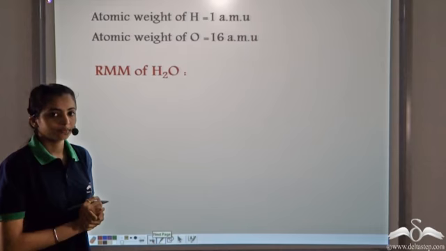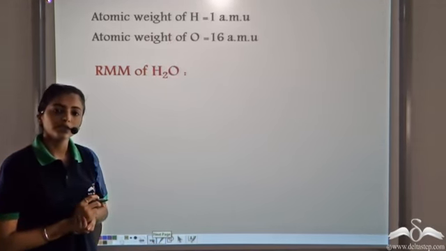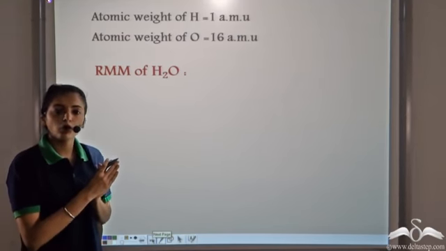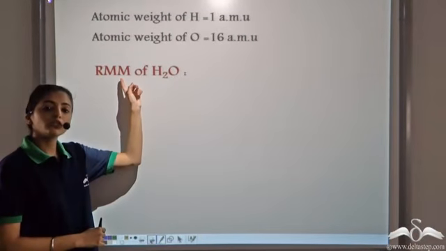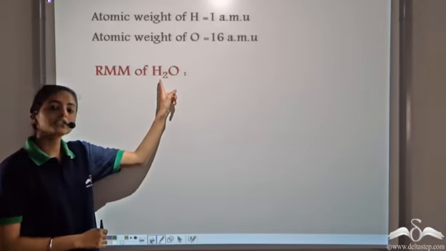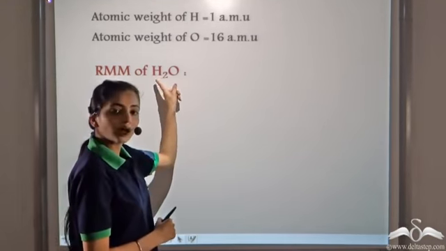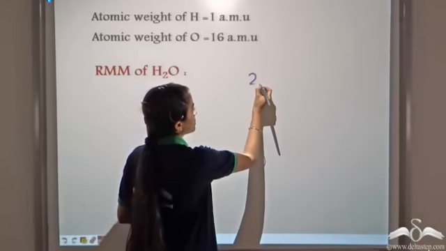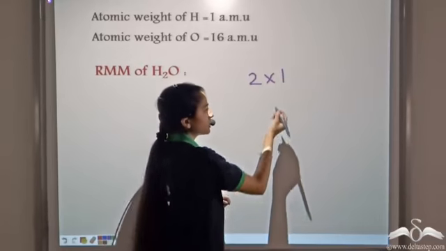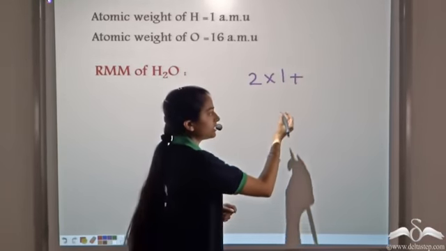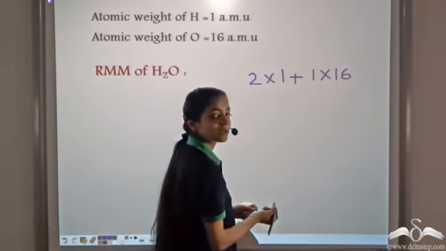Let's look at water. We know that the relative atomic mass of hydrogen atom is 1 atomic mass unit, and the relative atomic mass of oxygen is 16 atomic mass unit. Now, if we have to calculate the relative molecular mass of water, which contains both hydrogen and oxygen, how do we calculate that? We see there are 2 atoms of hydrogen, and we know that the relative atomic mass of each hydrogen atom is 1. And we have 1 atom of oxygen, and the relative atomic mass of each oxygen atom is 16.